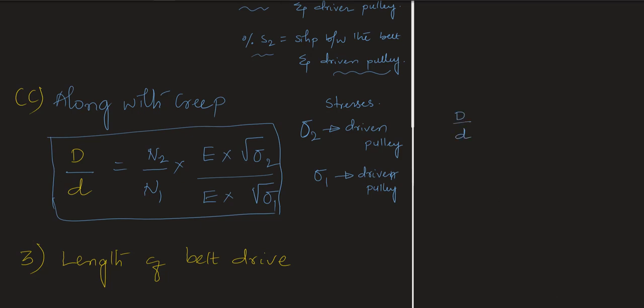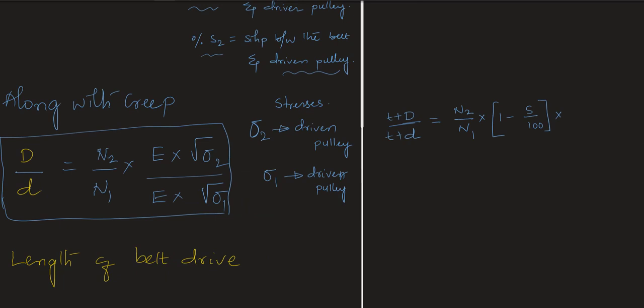Overall, this formula changes to this one: capital D by small d is equal to N2 by N1 into, if I consider slip, it becomes S by 100. If I consider the thickness of the belt, this changes to include t here. And if I also consider creep, then this formula changes to this.